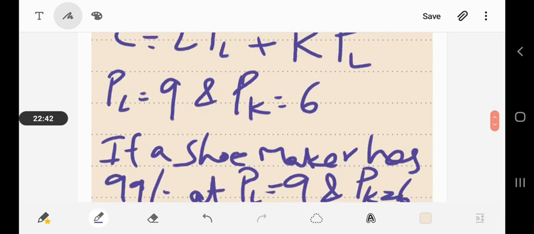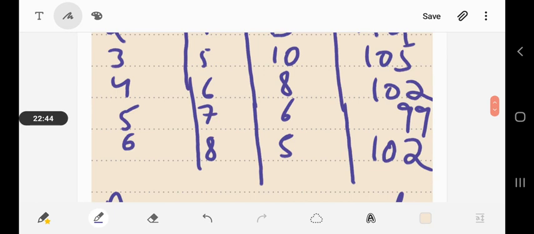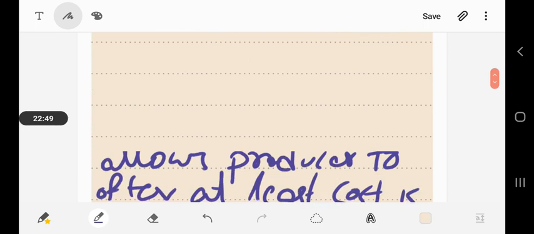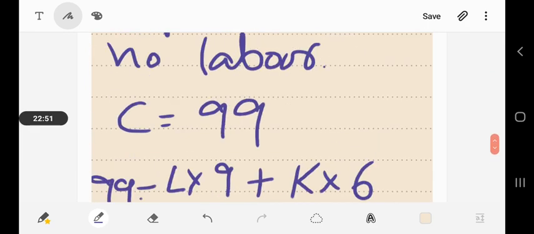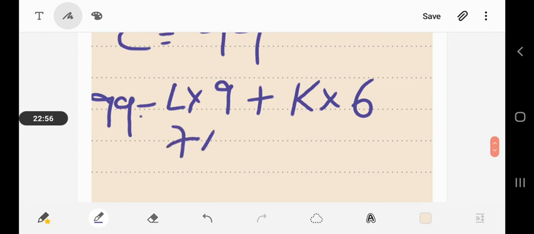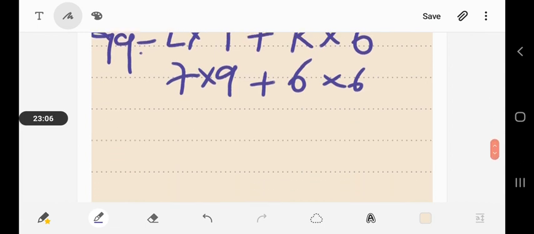What is this labor? 7 and 6. That is 7 units of labor into 9 rupees per unit plus 6 units of capital into 6 rupees per unit, that is equal to 99.